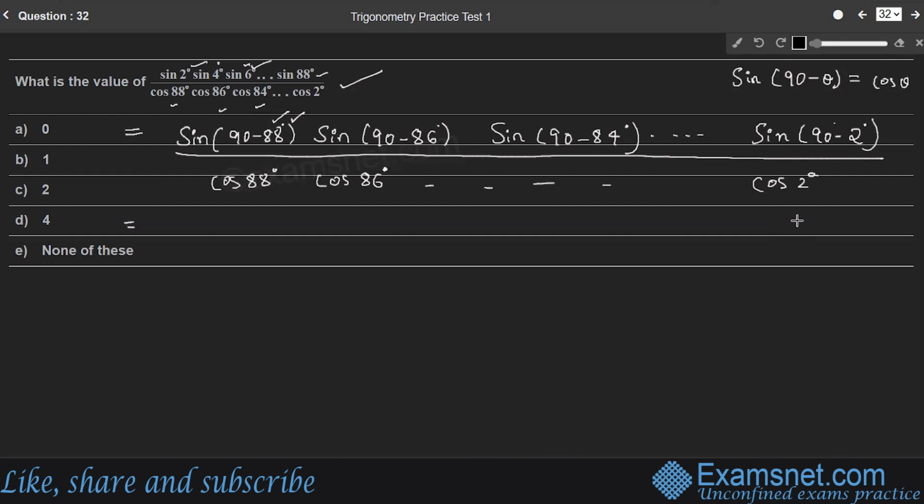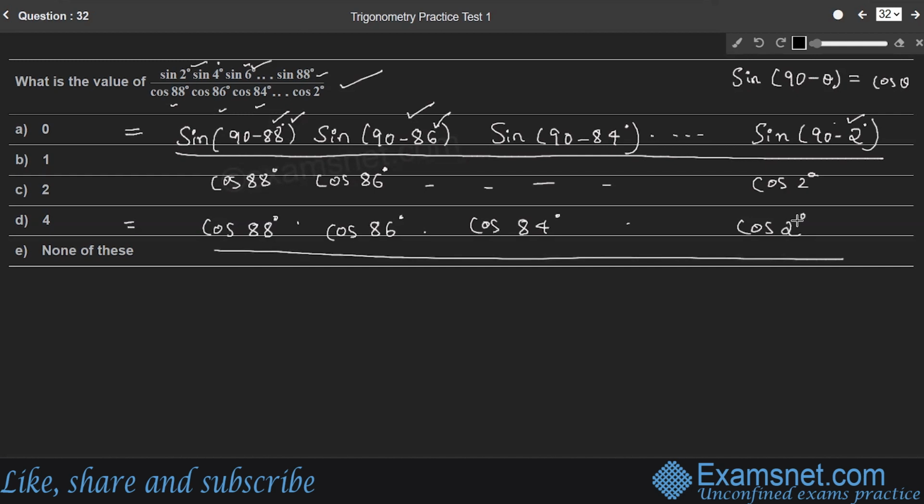So sine 90 minus theta is cos theta, which is cos 88 degree, into, again sine 90 minus theta, where theta is 86 degree, which is equal to cos 86 degree into cos 84 degree, so on up to sine 90 minus 2 degrees, cos 2 degree.